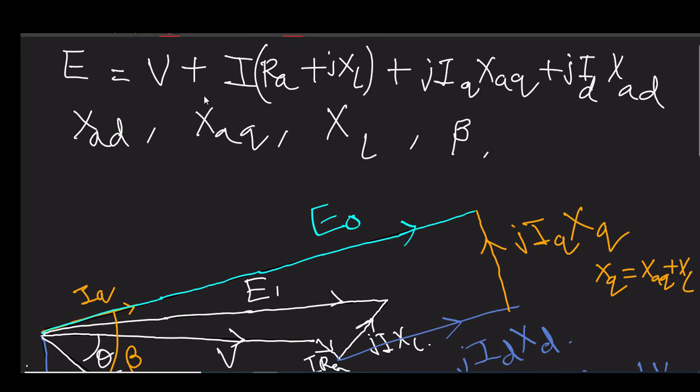But knowing beta is not that easy, because beta is the angle between your E naught and your I. So obviously it is not an easy task for you to determine that beta. So how to address that particular issue? Well, we can do this without knowing beta. Let me show you how. It is an easy thing for us to do.